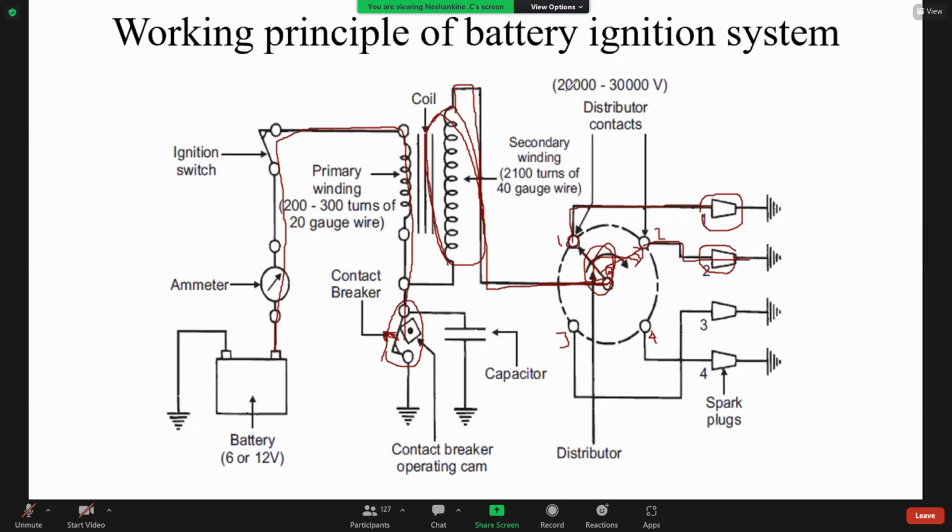Understood? Yes. Okay. Yes, ma'am. Students, anyone, do you need more time to draw this line diagram?